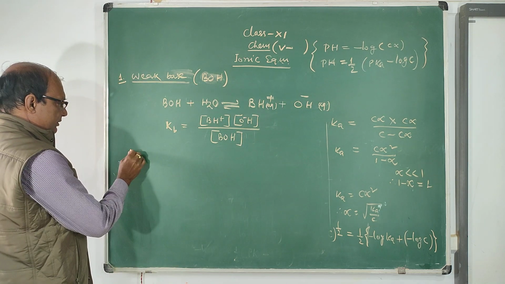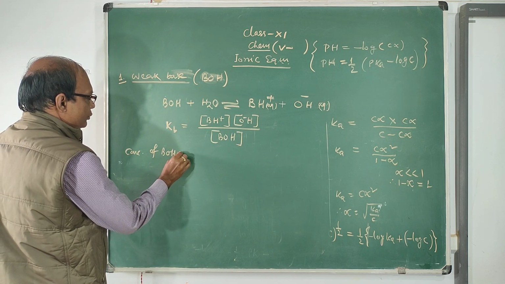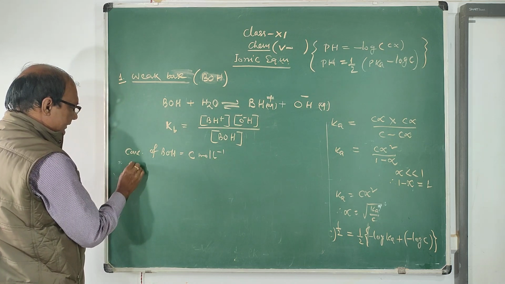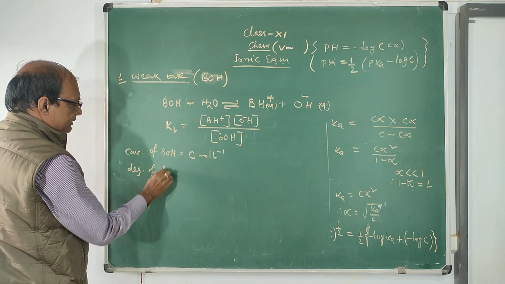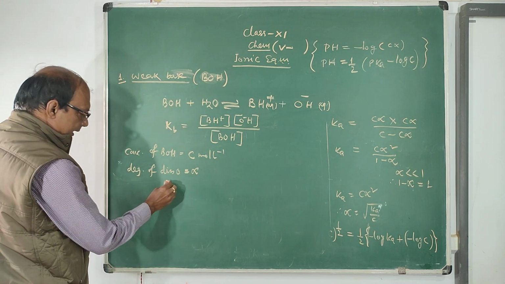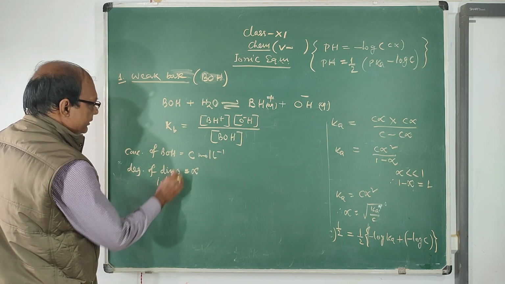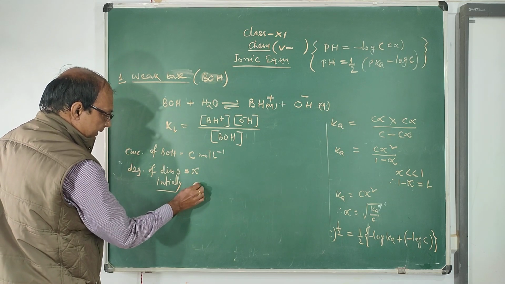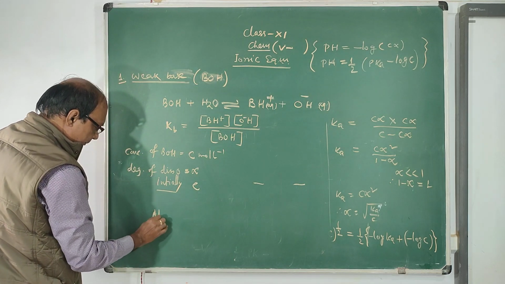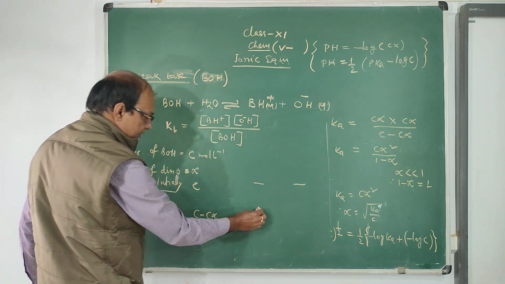If you consider the initial concentration of BOH equals C mole per liter, and degree of dissociation equal to alpha, then initially you have C mole per liter, here it is 0 and 0, and at equilibrium it is C minus C alpha, C alpha, and C alpha.